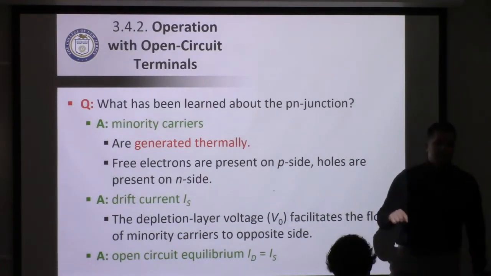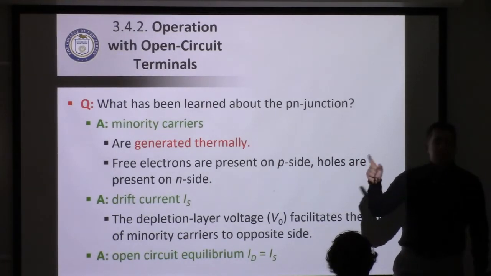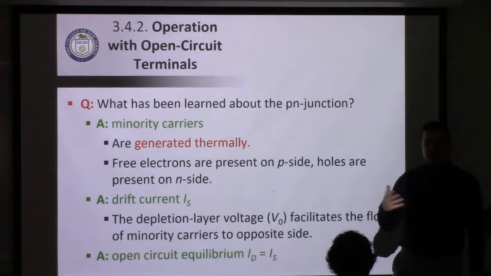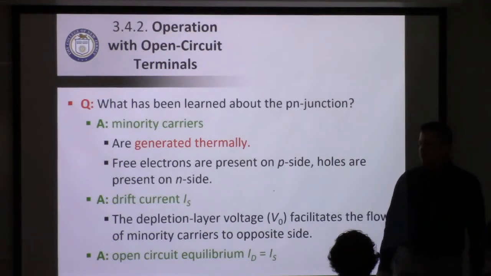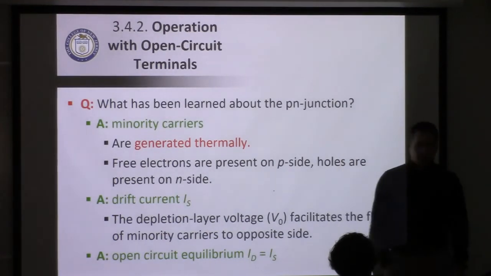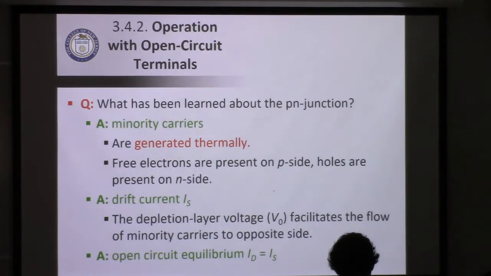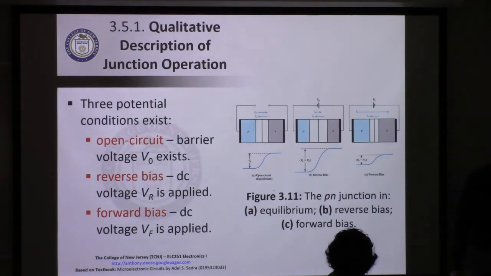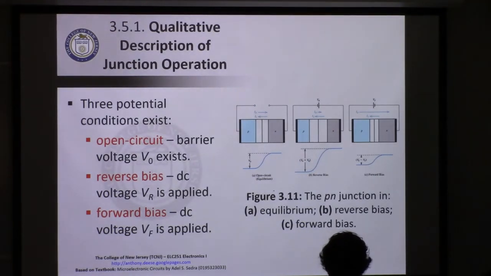The last 1% is temperature affects it because it's limited by the minority charge carrier concentration, which we have very little of, and we know that temperature is what can cause that to go up and down. Okay, so now we have a pretty good understanding of the open circuit condition. Let's move on to the more interesting cases of forward and reverse bias and how this thing works.